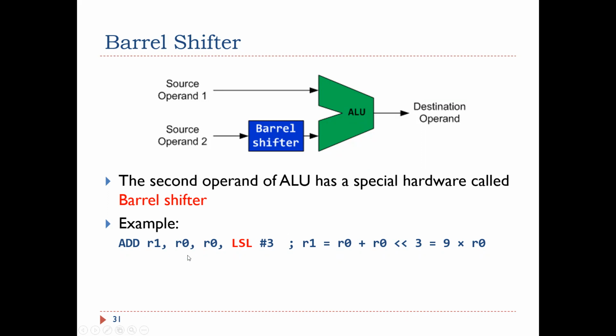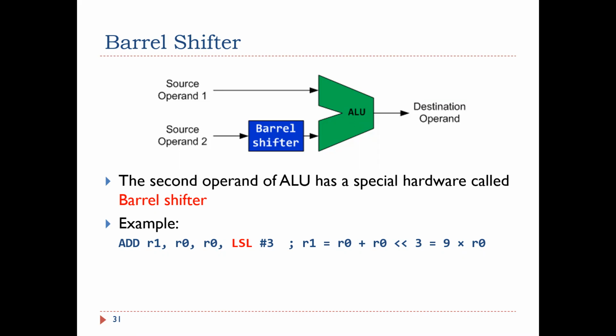So your program becomes like 3 times faster. This is the reason why they have added a barrel shifter in the second operand, and we are going to look at more details about the barrel shifter in the coming slides. I think the philosophy of why they put a barrel shifter should be clear to everyone.